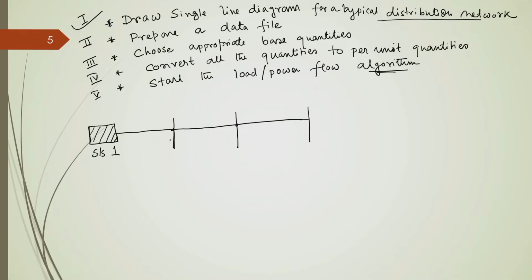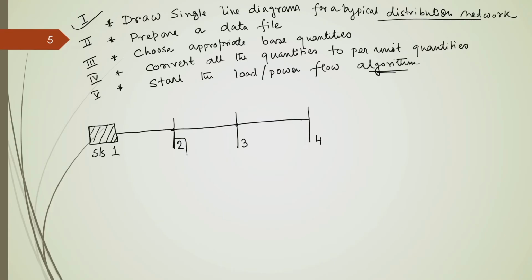So, I can name this node 2, this node 3, and this node 4. These are the nodal points where we have distribution transformers connected, and those distribution transformers are connected to the customers of the distribution network. Okay. So, each of these nodes has some load demand, and this load demand is shown by this arrow. So, this arrow shows the load connected to the particular nodal point.